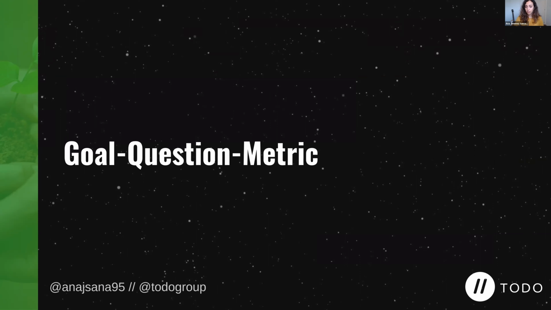Okay, so now the question is, how can we measure all that, right? We have defined what value stream mapping is. It gets clear it's something that deals with identifying wasted time.